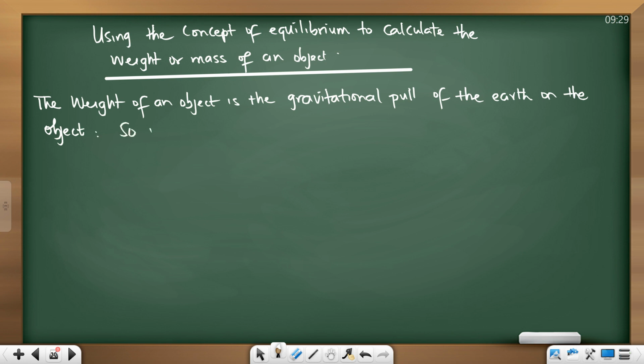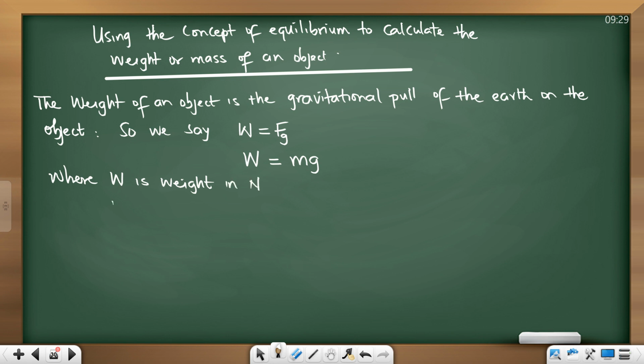All right, so we say W is equal to Fg. And W, capital guys, will be equal to mg, where W is the weight in newtons, Fg is the force of gravity. They are the same, so we're going to be interchanging them, also in newtons.